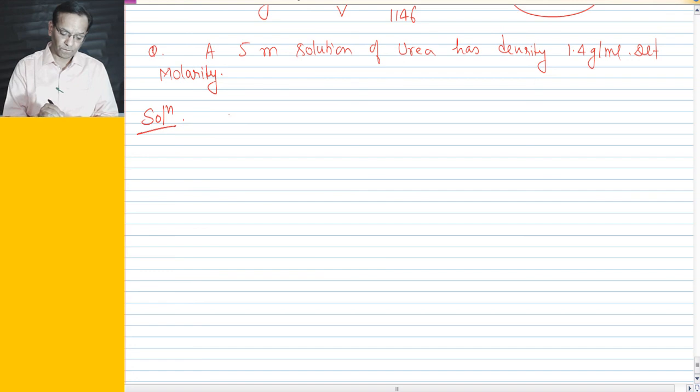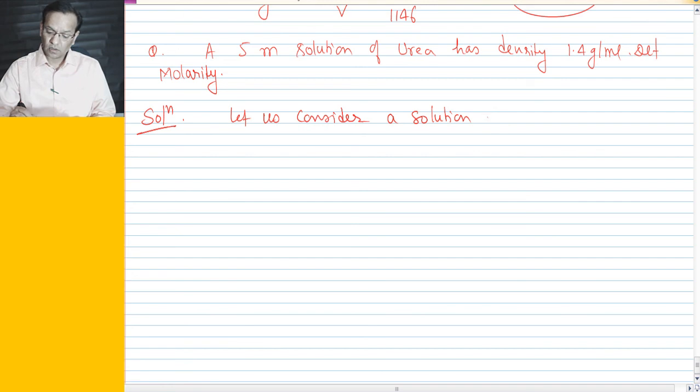5 molar. So once again, let us consider a solution containing 5 mole urea.